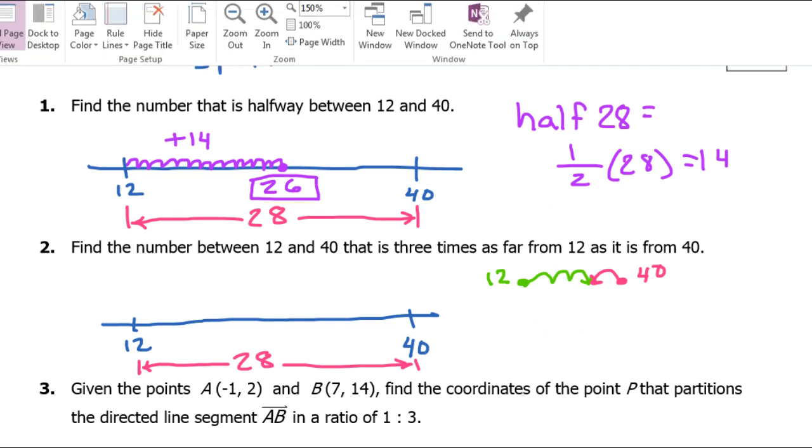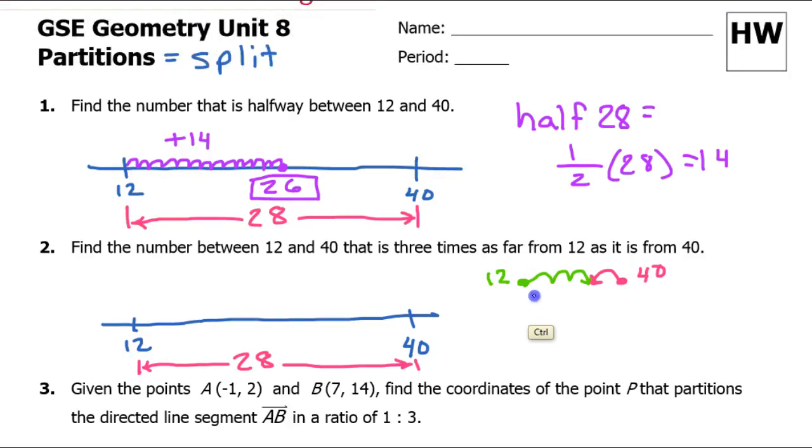But what's important here is, what is the total distance? Can you see that the total number of steps that I've described here is 4? 3 steps from 12, 1 step from 40, that's a total of 4 steps. So a simpler way of describing this is I am 3/4 of the way from 12.